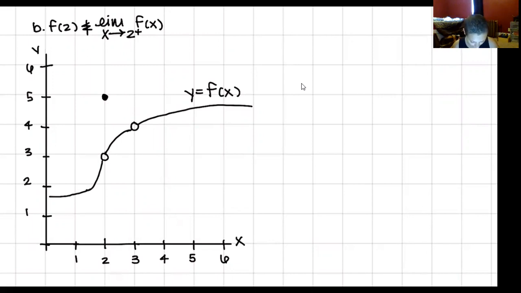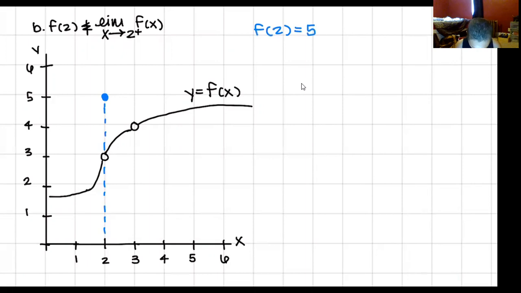So first, let's go to 2 and we jog up. And first we encounter our line with an open hole in it. And that means that our function is not defined there. But if we continue up, we get to a black dot, which I'll color in blue, at 5. So I can say f of 2 equals 5.